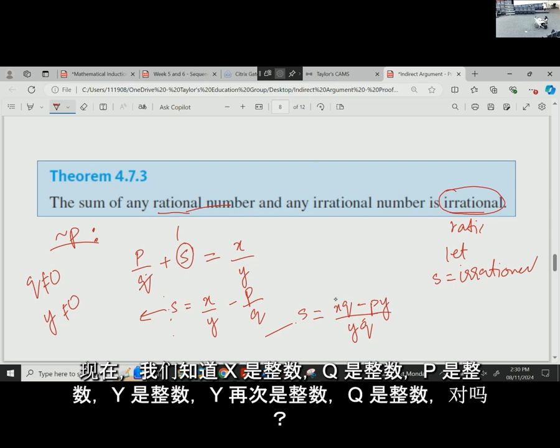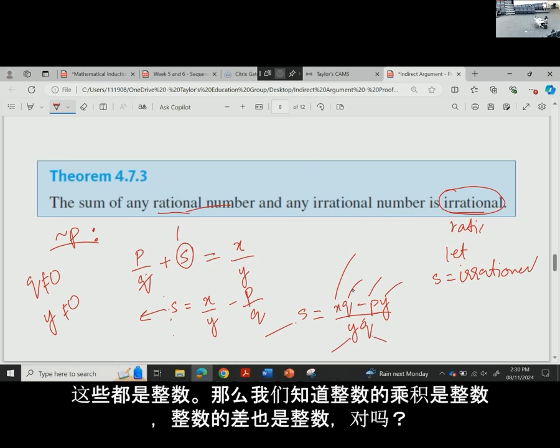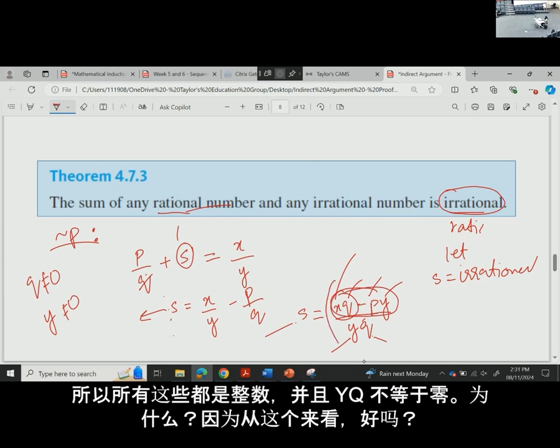Now we know that x is an integer, q is an integer, p is an integer, y is an integer, and q is an integer. All of these are integers. Then we know that the product of integers is an integer, and the difference of integers is an integer, right? So all of this is an integer, and yq is not equal to 0.